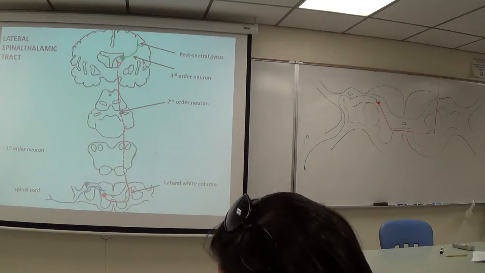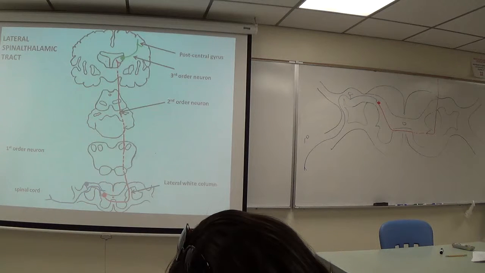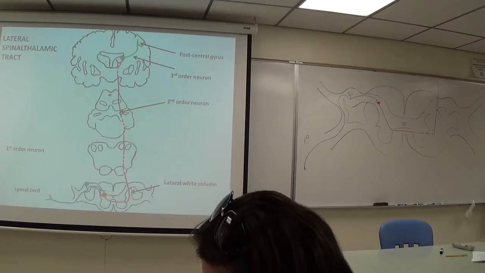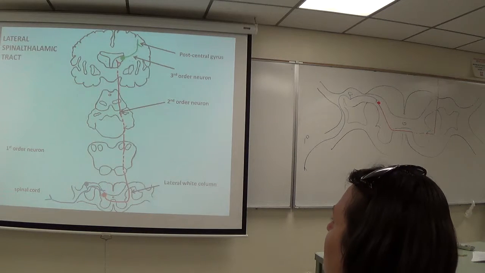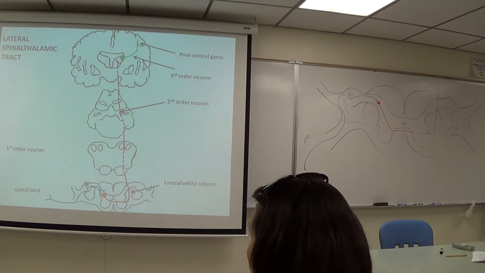Pre is motor. So if it's sensory, if I say identify this structure right here, and one of your choices was pre and post, you would know it was sensory because we were in dorsal root ganglia and we used the thalamus. So then you would choose post, because post is parietal lobe.